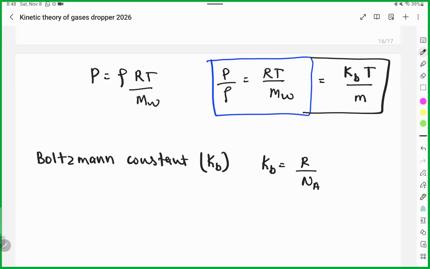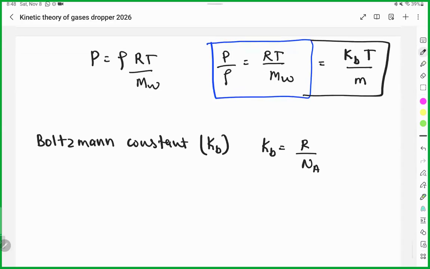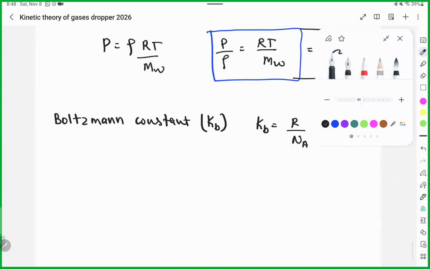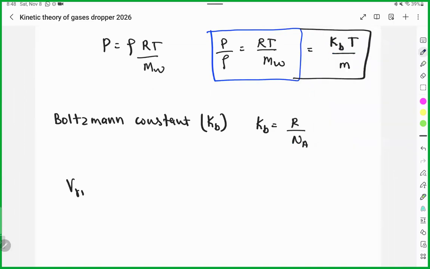Ask me your doubts. All of you, अपना डाउट पूछो अगर डाउट है तो. And that is the reason you know that V RMS is equal to under root 3p by rho.